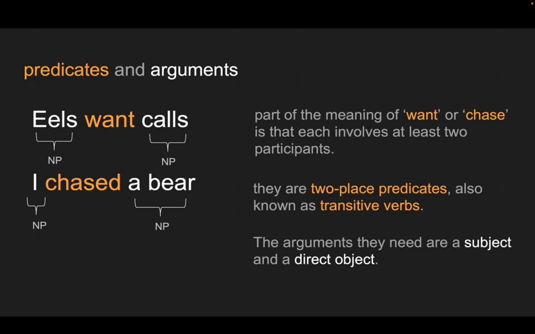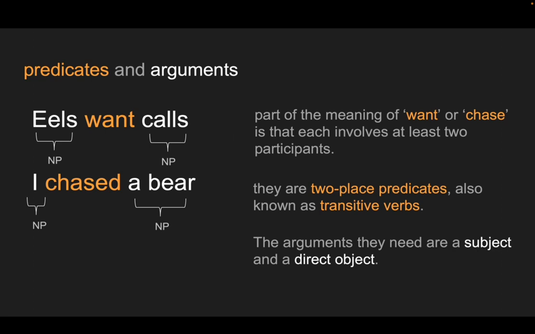I think. Okay, so want and chase in English are two different examples of the same kind of predicate, the same kind of verb. They're transitive verbs. Each involves two participants, someone doing the action, someone receiving the action.